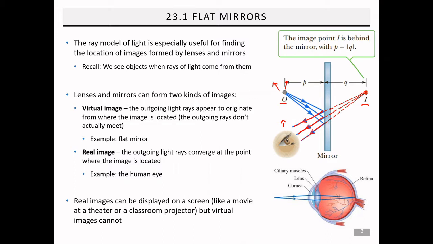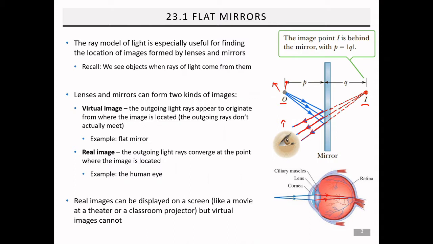A real image, on the other hand, the outgoing light rays converge at an actual point where the image is located. So in the case of a real image, we can look to the human eye. An outgoing light ray in this case would be a light ray that has already refracted through a lens. So the light rays that refract in the lens of the human eye are considered outgoing light rays.